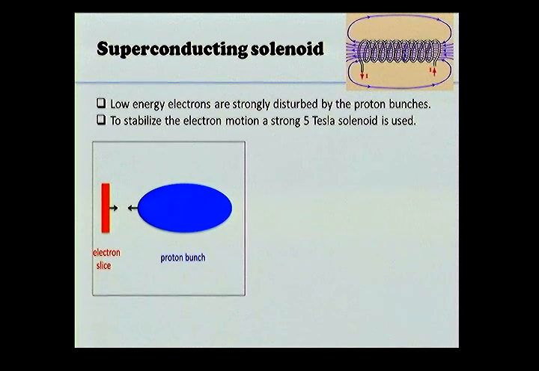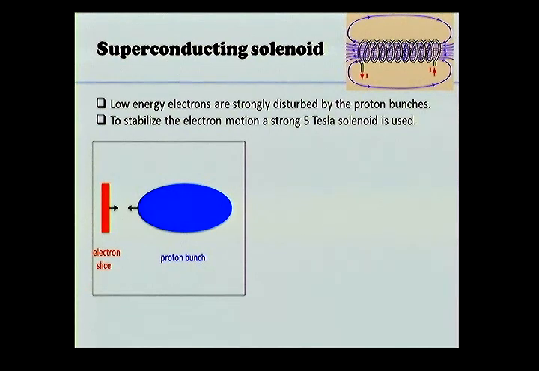Here I show my simulations to convince you of the importance of the superconducting solenoid. I simulate one proton bunch going through the electron beam. We pick out one slice of electrons from the electron beam and check how the electron beam size changes. For perfect beam compensation, the size of the electron beam should be constant.